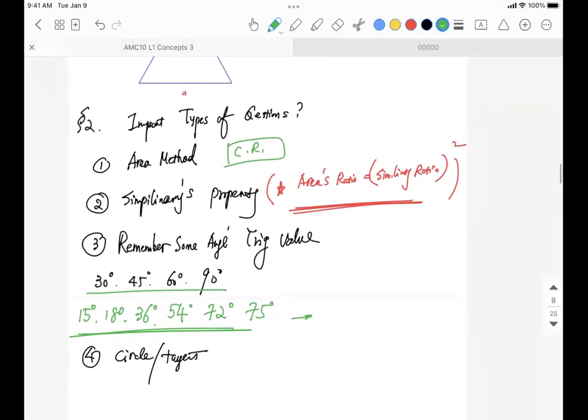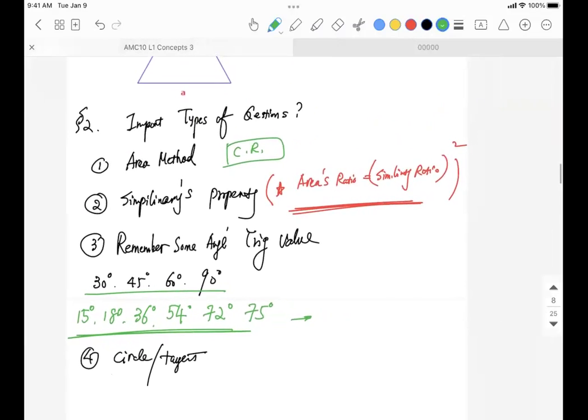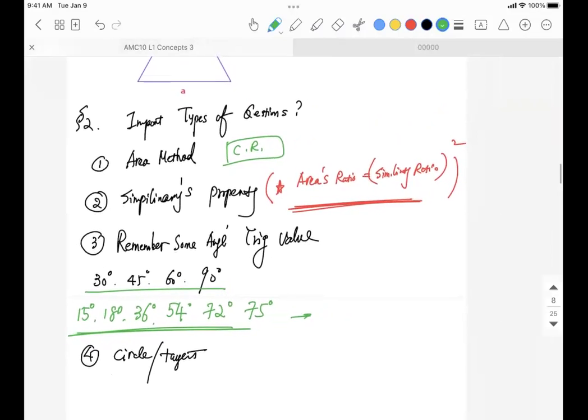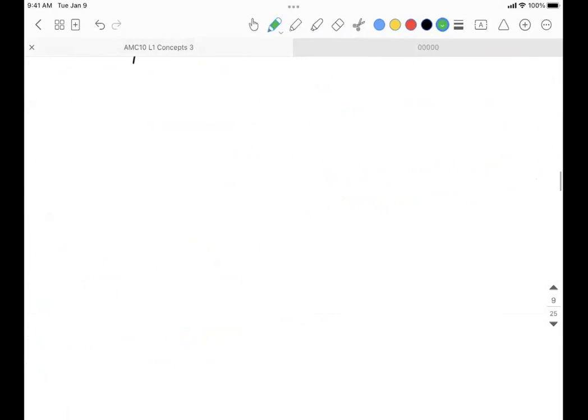If all good, we can go to our section 3. Let's go to some real problems. Okay, how are we going to deal with these real problems? Let's go to our question.